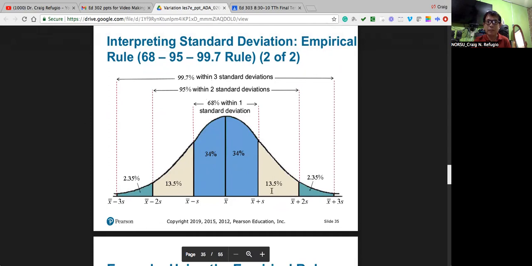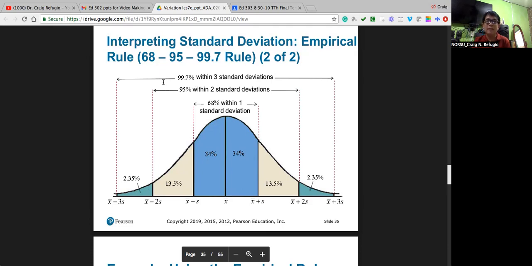And then we have 13.5%, and a total of 95%. So where do we get this 95%? 13.5 plus 34 plus 34 plus 13.5, so the total is 95%. And then this one is 2.35%, and this one is 2.35% also.